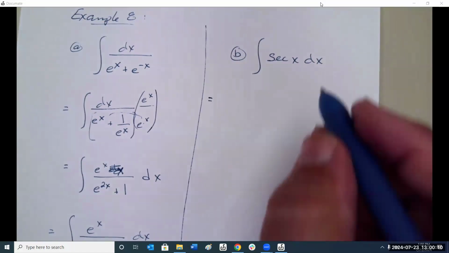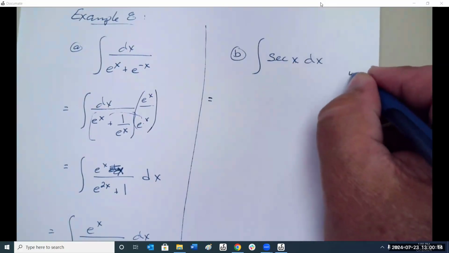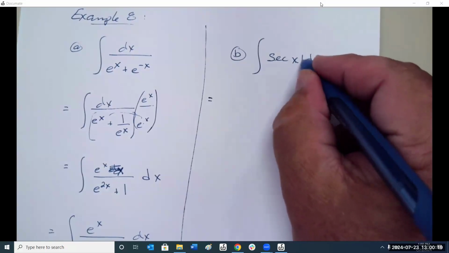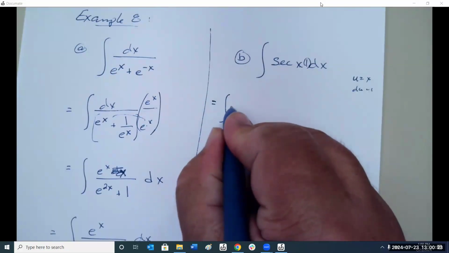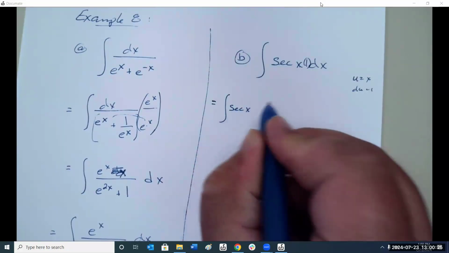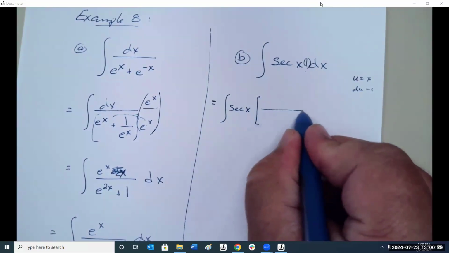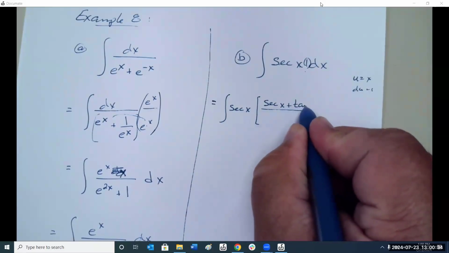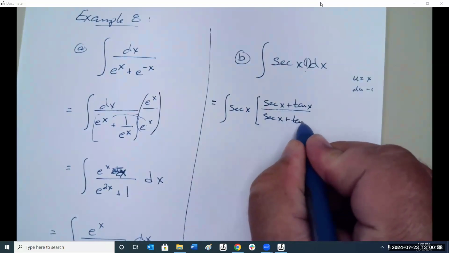This is my u, so du is 1. So what I have here is secant x, 1 is made up of secant x plus tangent x over secant x plus tangent x.